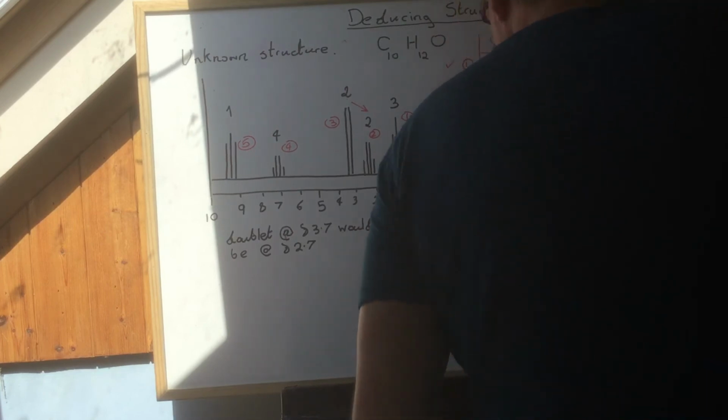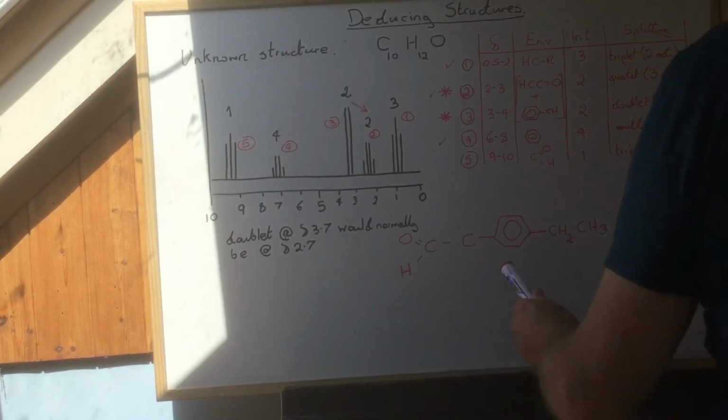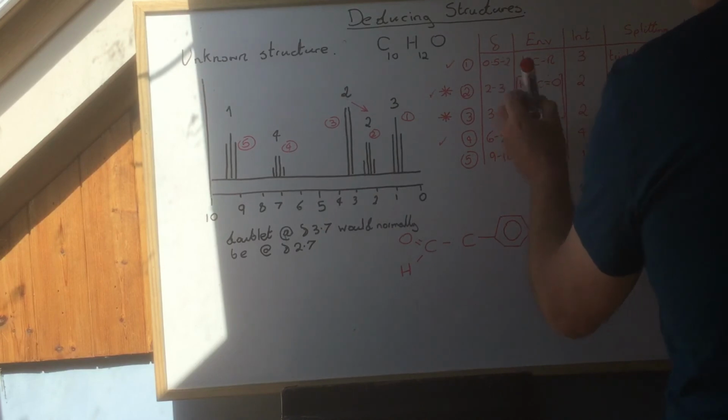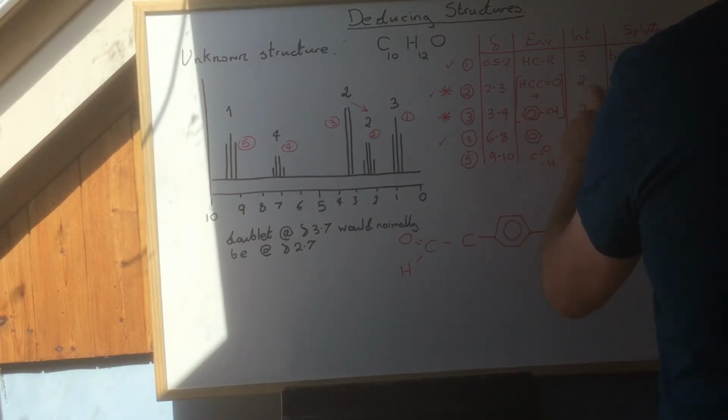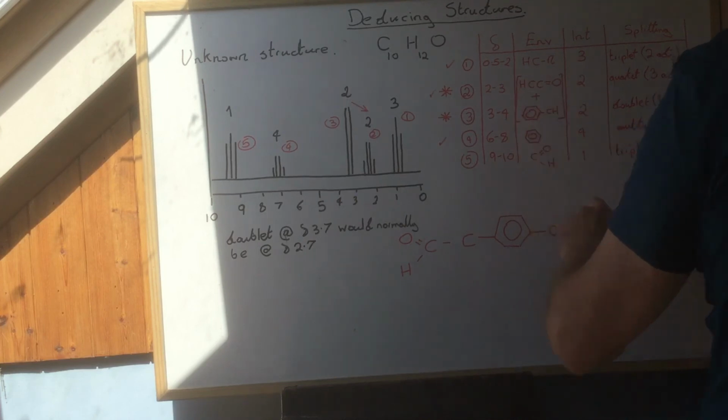So the aldehyde group there will give me 1, joined to a carbon, and that carbon must have 2 on it. Now, the chemical shift of that ticks that box there, the 2 protons, corresponding to that.